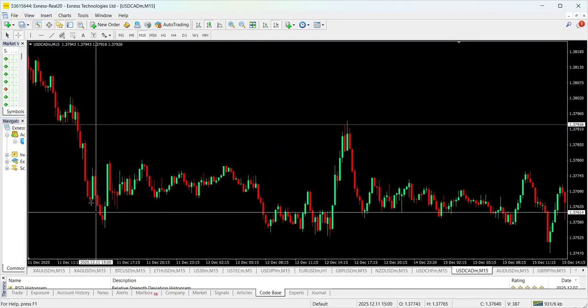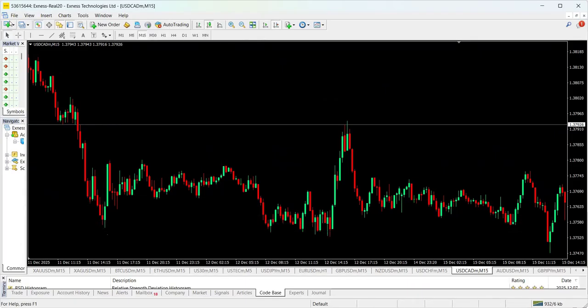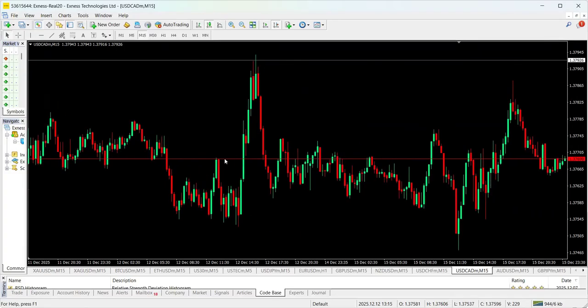So if you look at here, the market came down here, moved up, came down here, broke this level, went up, came down here. So our change of character will happen around here when this high was broken.